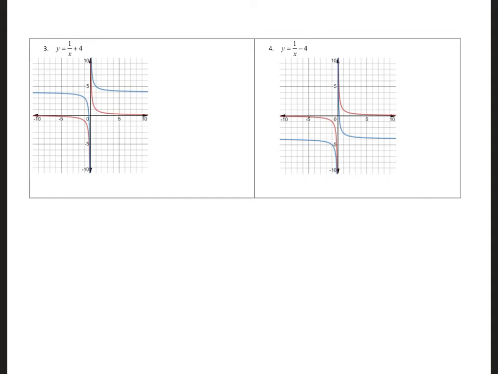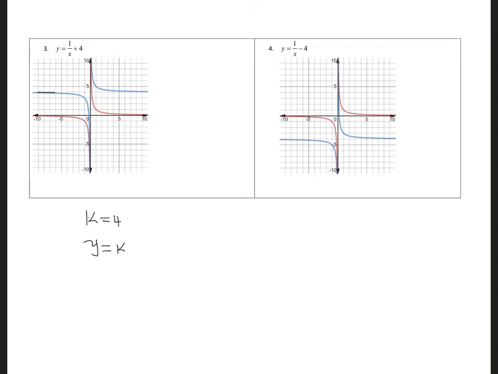Now let's explore the effect of k. Let me start by finding the value of k. The value of k is 4. How do I get the horizontal asymptote? I get it by using the value of k. Let's see whether it is true.